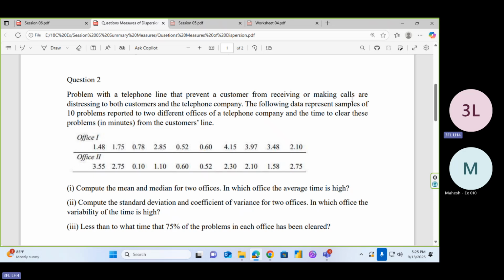Before finding the median value, arrange the data set in ascending order. First arrange in ascending order, then find the term. Which term is the median value, then get the answer.